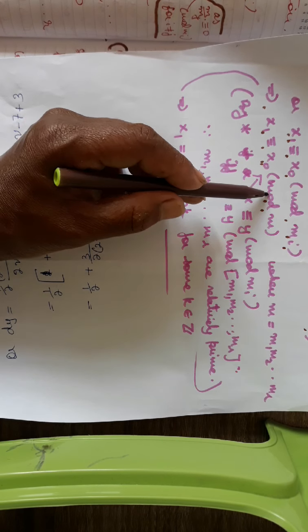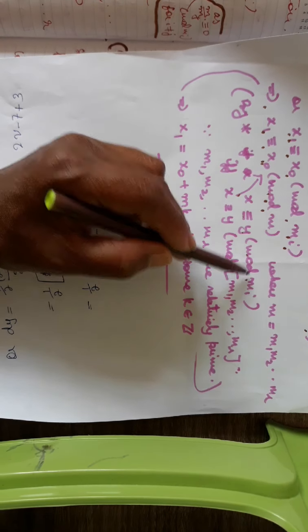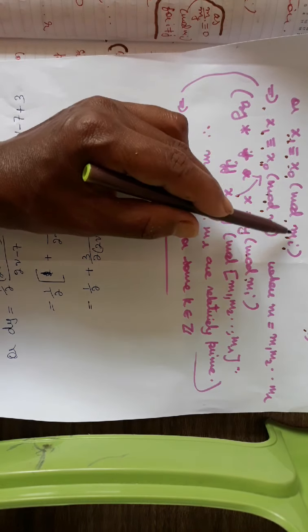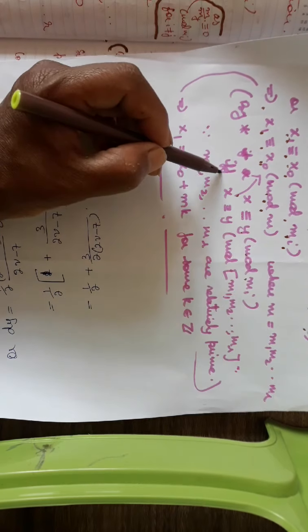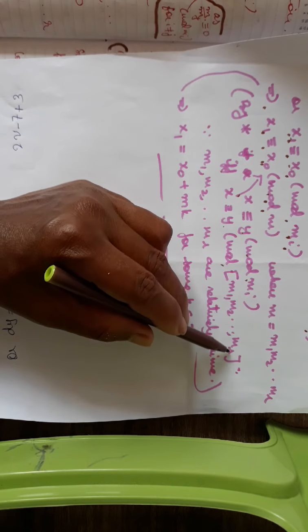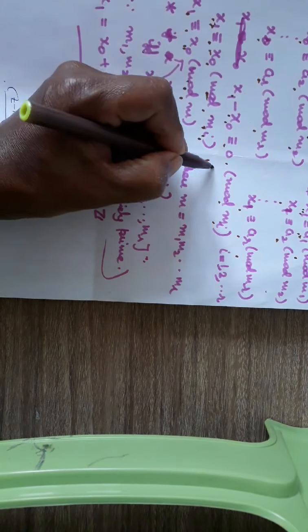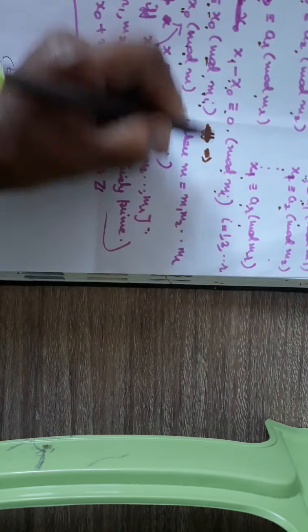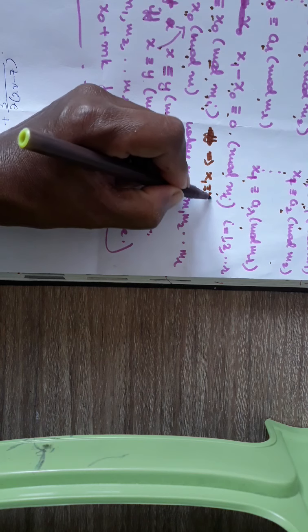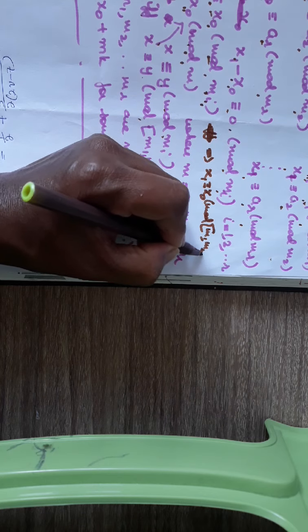Using this, if x is congruent to y mod mi, compare with this, we have x1 is congruent to x naught mod mi if and only if x is congruent to y mod the LCM of m1, m2, up to mr. So here also the same thing, x1 congruent to x naught mod mi implies that x1 is congruent to x naught mod the LCM of m1, m2, up to mr.